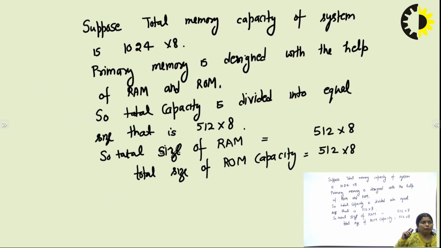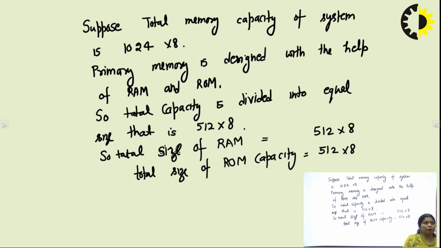Now suppose the total memory capacity of the system is 1024 cross 8. It means the total size of the primary memory is 1024 cross 8. The primary memory is designed with the help of RAM and ROM, because it is a combination of RAM and ROM.